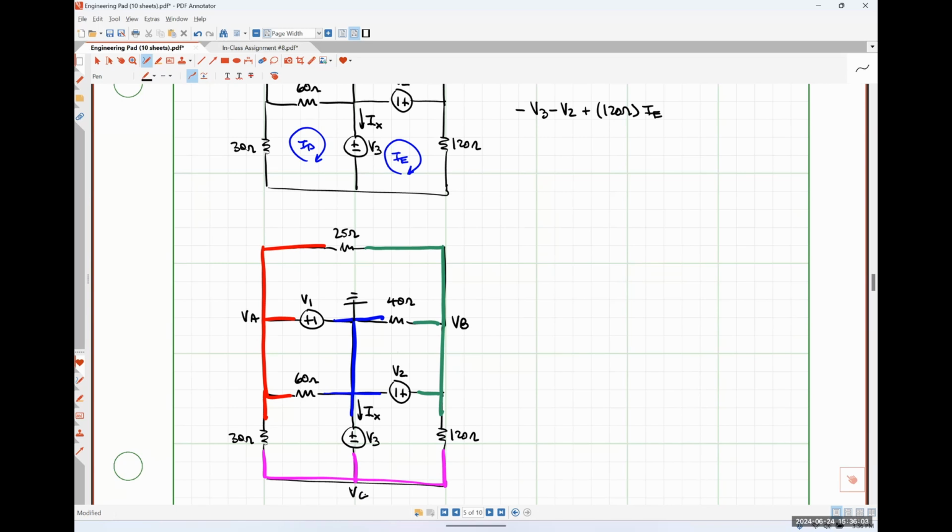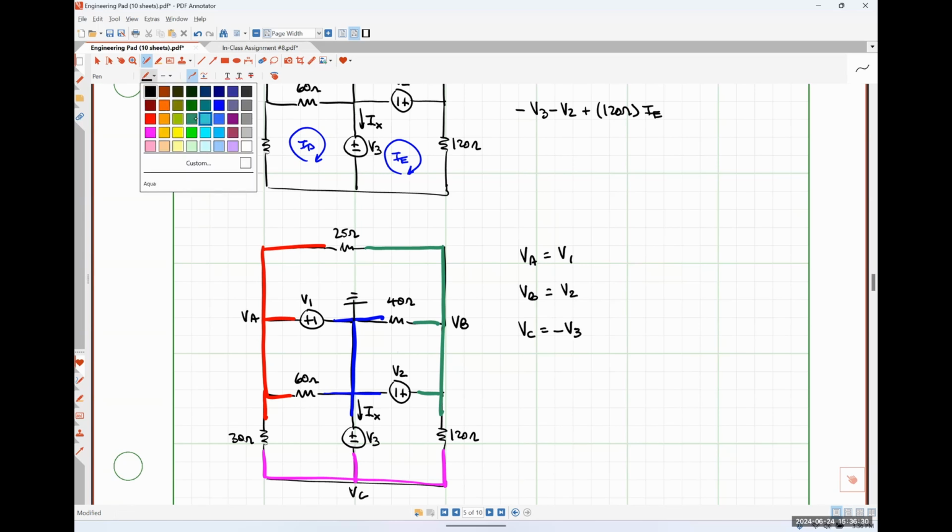All right. So I can say that my nodal voltage at node A is just whatever V1 is. My nodal voltage at node B is just whatever V2 is. And my nodal voltage at node C is just negative V3. Now, another thing that I can do, so this is also my current IX, which will simply be the sum of this current and this current.